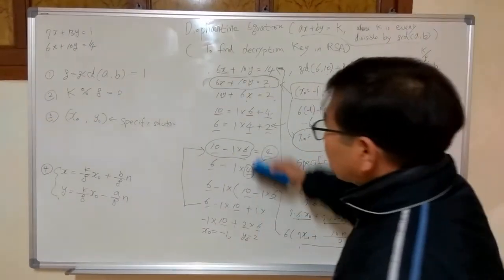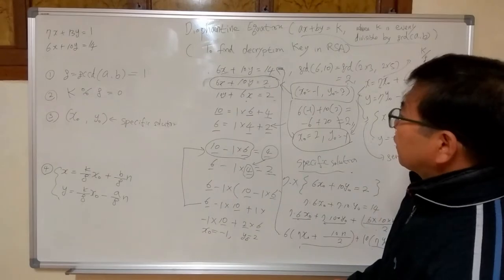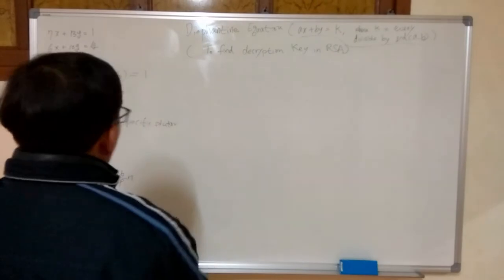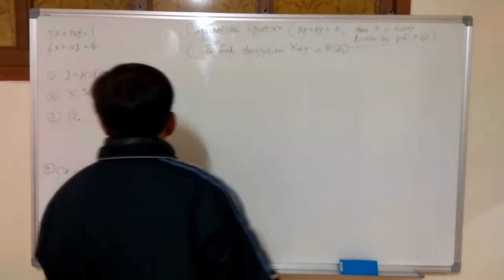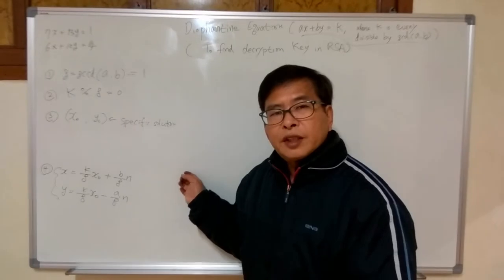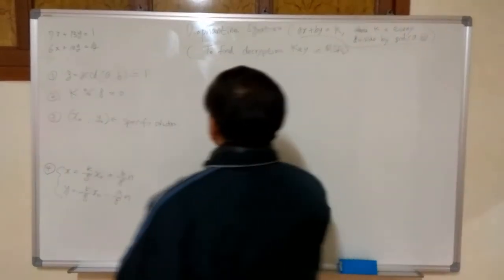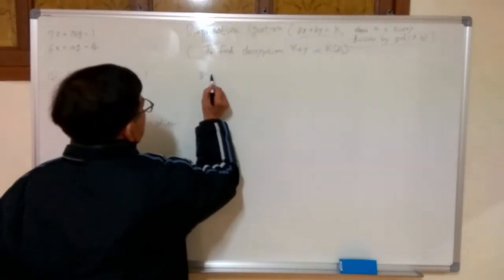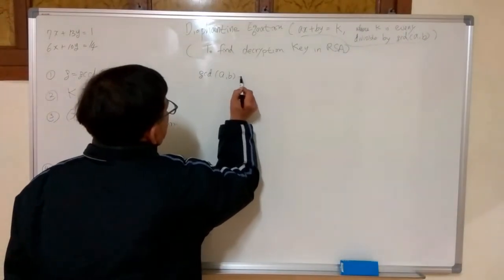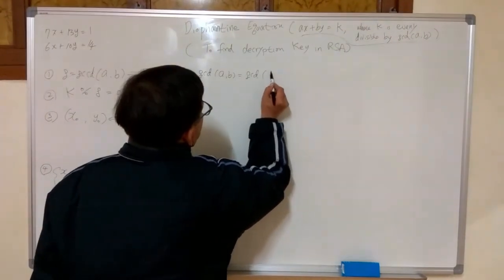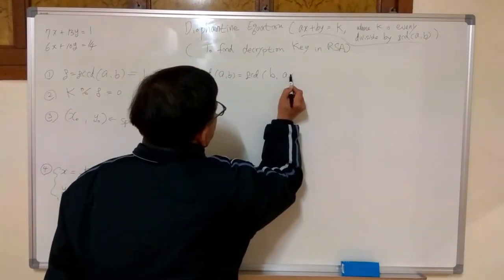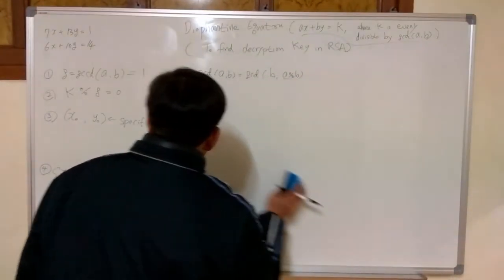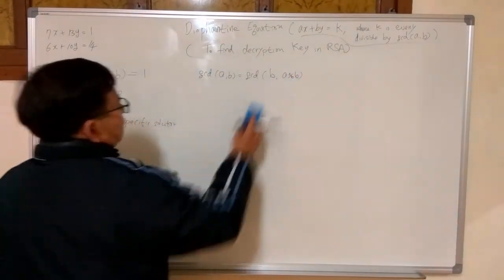Now I will implement the extended Euclidean algorithm. Before I explain it, I will explain the Euclidean algorithm in C++ code again. The Euclidean algorithm is something like this: GCD of A and B equals GCD of B and A modulo B. This is the remainder.